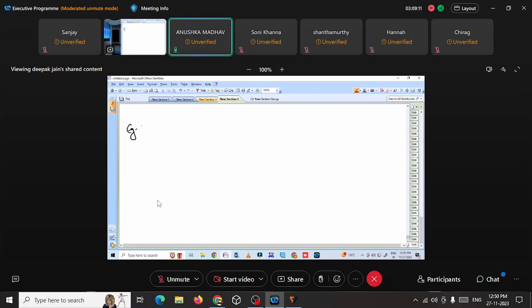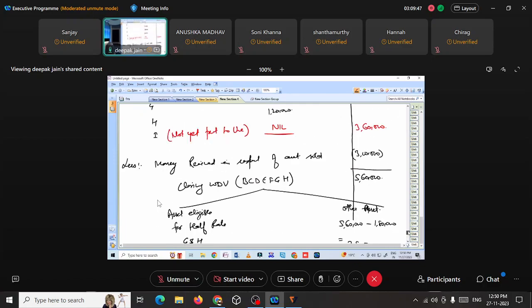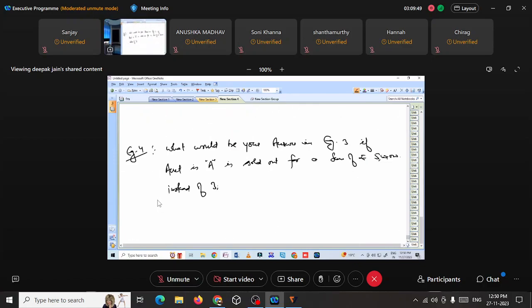Example 4: what would be your answer in example 3 if asset A is sold out for a sum of rupees 5 lakh instead of 3 lakh?